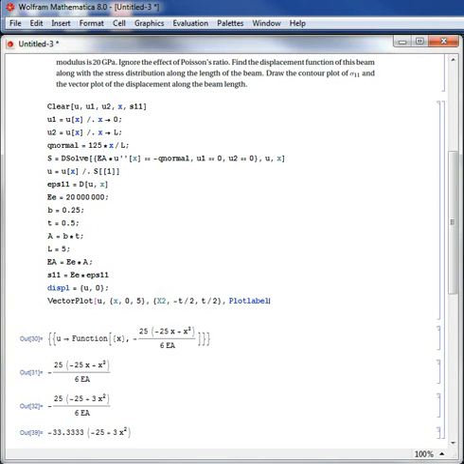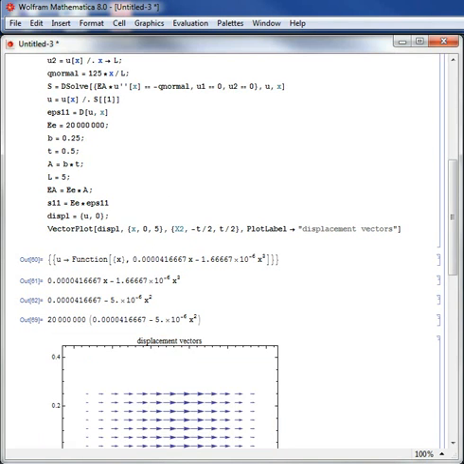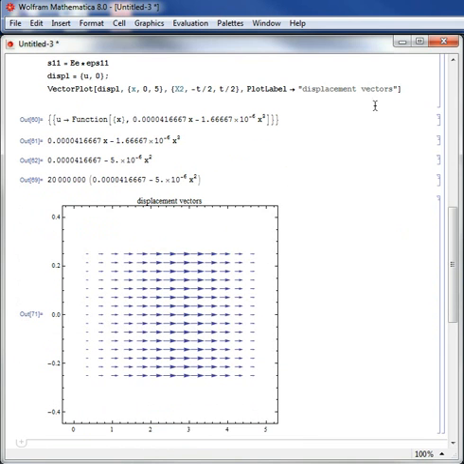Plot label. This is the displacement vectors. Shift enter. Sorry, I should put here the displacement, shift enter, and here's the displacement of the beam.